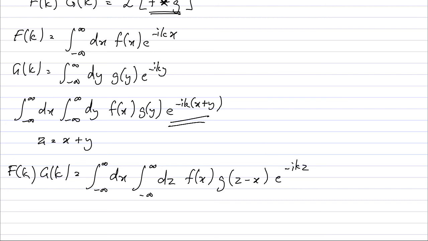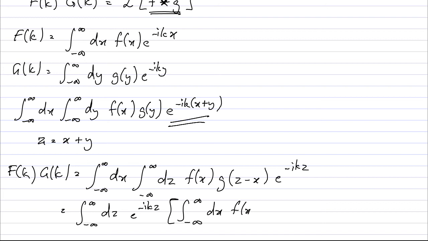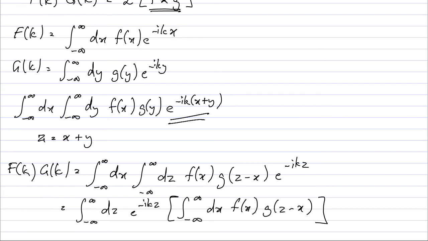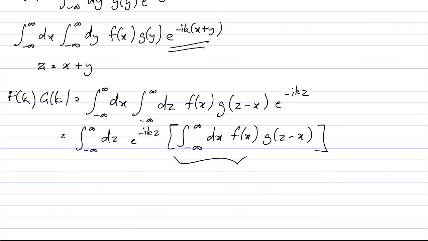So that's what I have over here, and then I can write this thing as the integral from minus infinity to infinity of dz e raised to minus i k z, and then I have the integral from minus infinity to infinity of dx f of x g of z minus x. This thing in the square brackets is exactly what is defined as the convolution integral.